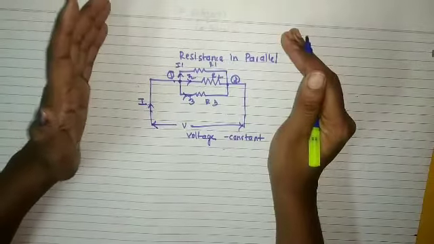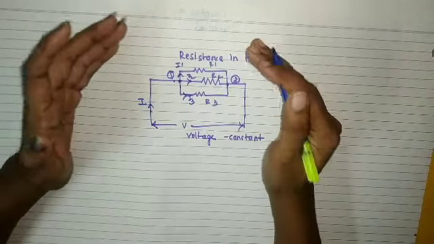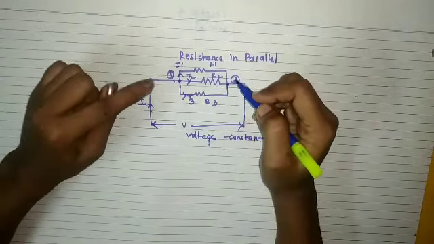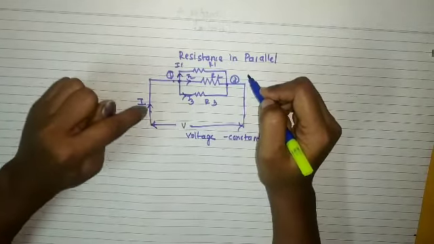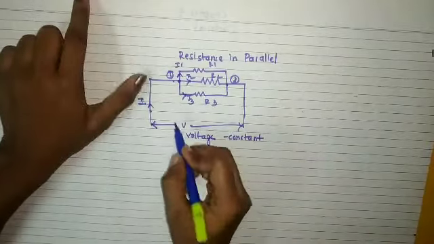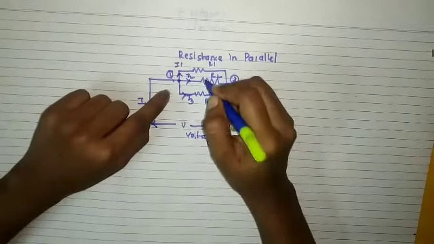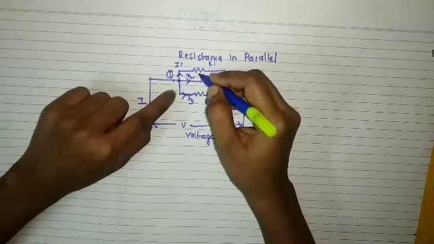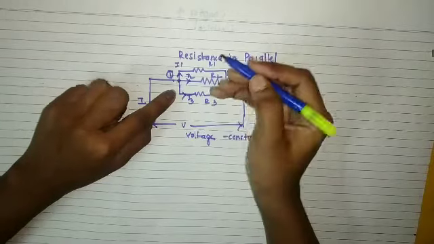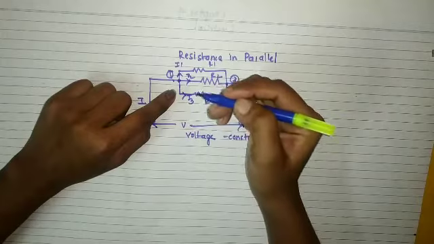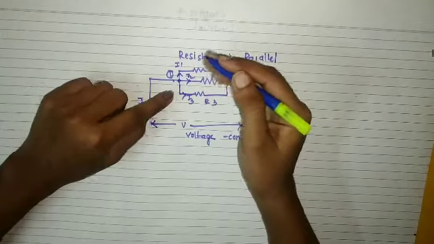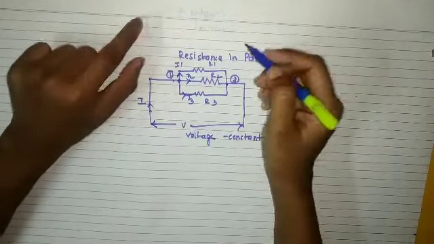Here voltage remains constant throughout and the current gets divided into I1, I2, I3. Current has got divided, whereas in series voltage was divided. We derived the expression for voltage, but now the current is divided.